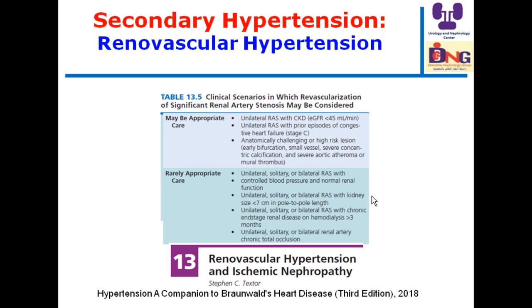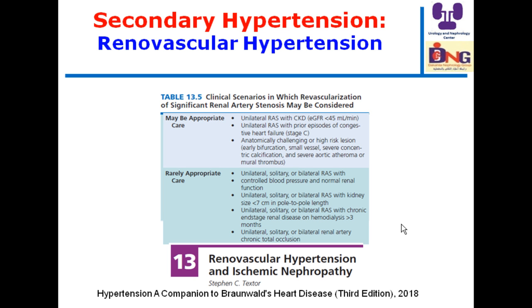So it is rarely to be followed in unilateral solitary or bilateral artery stenosis with controlled blood pressure and normal renal function, unilateral solitary or bilateral artery stenosis with kidney size less than 7 centimeters in bone-to-bone length, unilateral solitary or bilateral renal artery stenosis with end-stage renal disease on hemodialysis for more than 3 months, and unilateral solitary or bilateral renal artery chronic total occlusion.